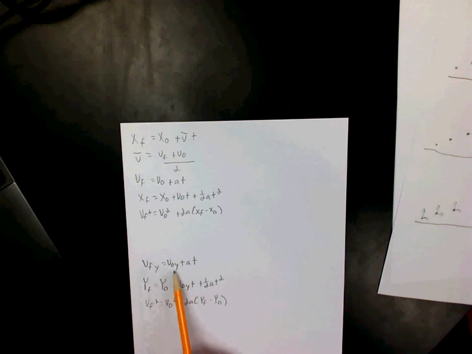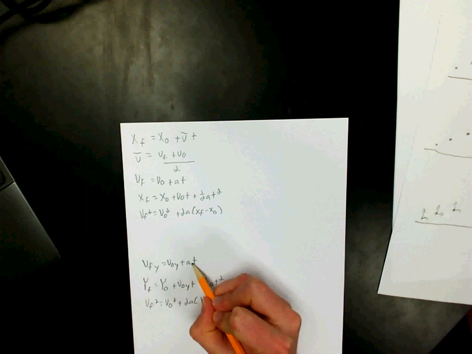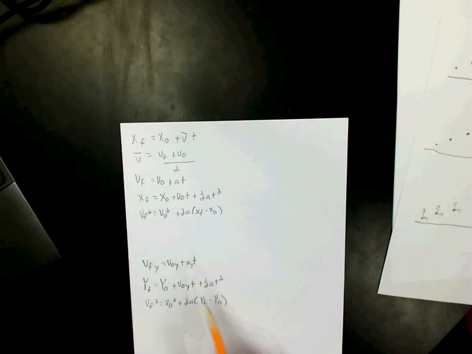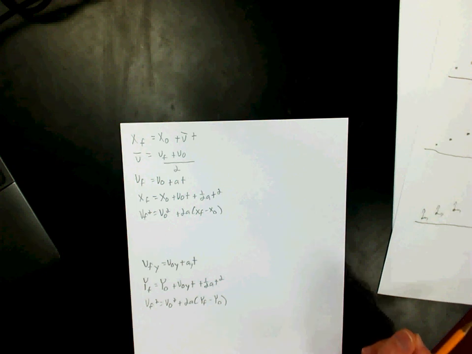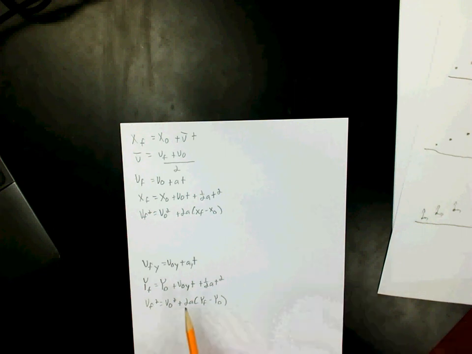equals our initial y velocity plus our acceleration in the y direction, which is gravity, times time, remembering the fact that time is the connecting piece between the horizontal and the vertical. The time piece is the connecting tissue, and time is connected with our final velocity.